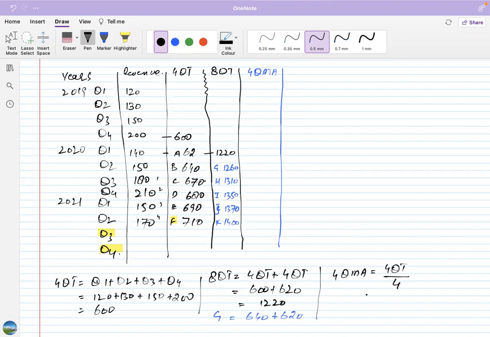It means that 600, that is the 4-quarter total, divided by 4. The answer is 150. Now the million dollar question is where that 150 will be written. That 150 will be written in between the second and third quarter.